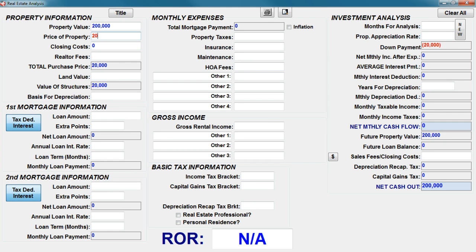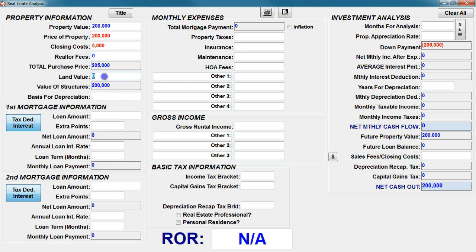Let's say that the closing costs in this case were $5,000, and we're not going to list realtor fees because those are kind of nebulous. We don't know exactly what they might have been. Maybe the deal was closed on a for sale by owner. Any number of things can happen there.